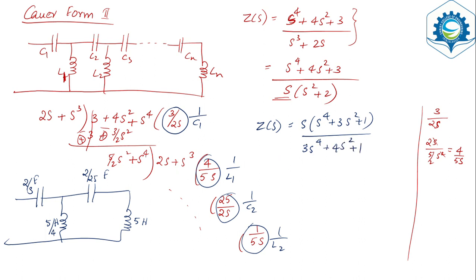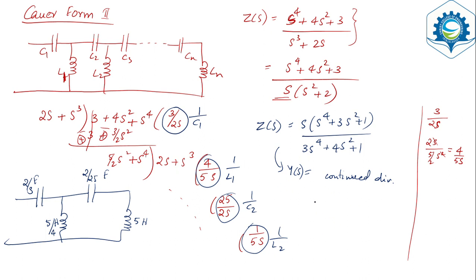Now, you can see over here, s is common on the numerator side. So what do you have to do? Again, as in the previous case, you have to take Y of s and then do the continued division. And then whatever answers you get.